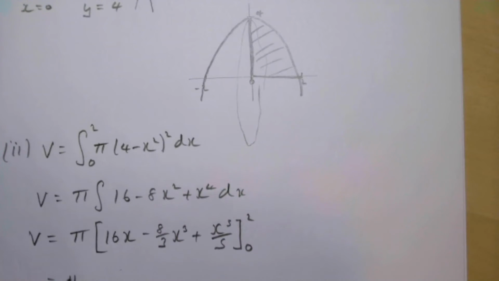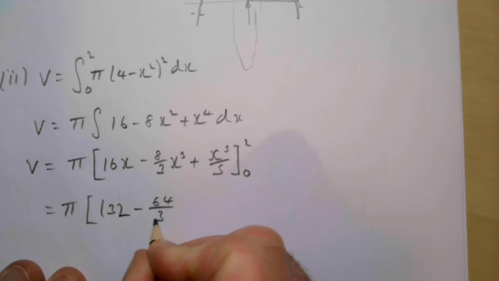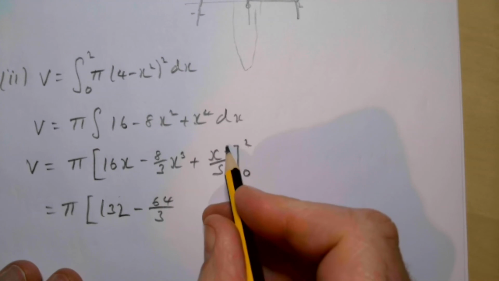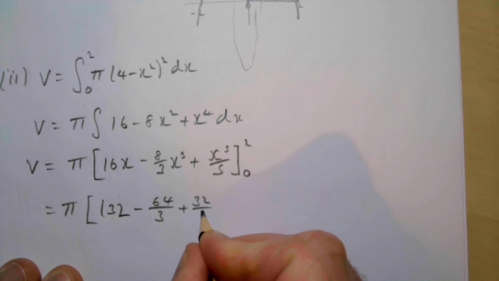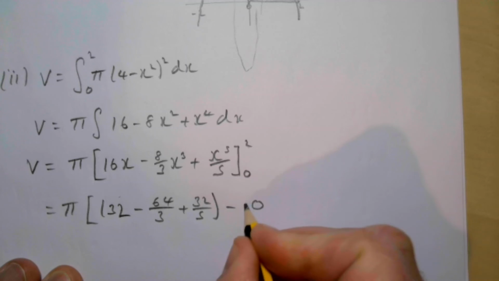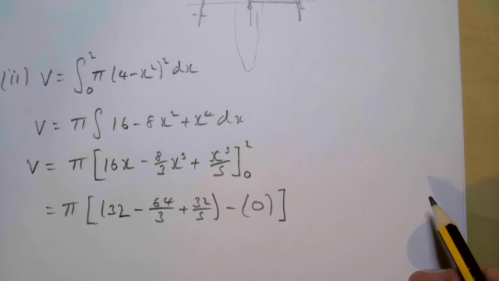So my volume is pi times 32, 2 times the 16, 2 cubed here gives me 8, times 8 is 64, so it's 64 over 3. 2 to the power of 5 is 32, so 32 over 5. And then that's minus obviously 0, because whenever you substitute the 0 in, that all just disappears.